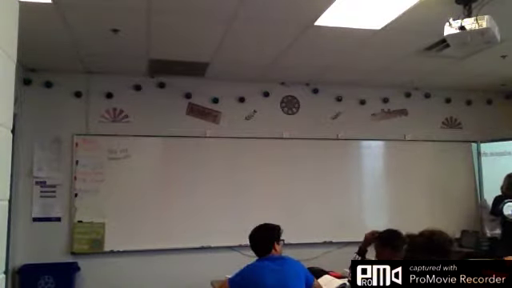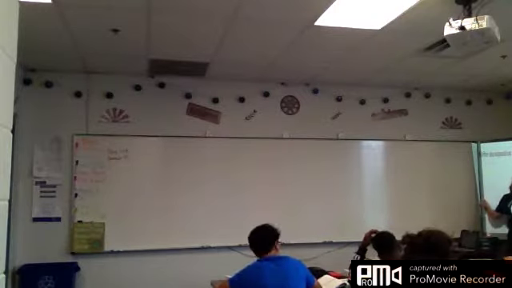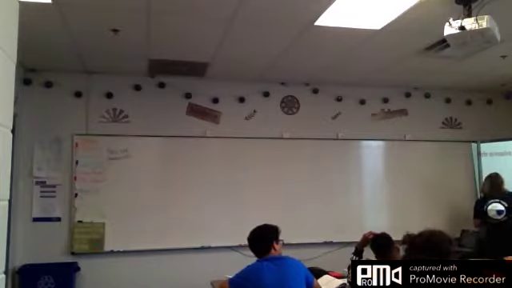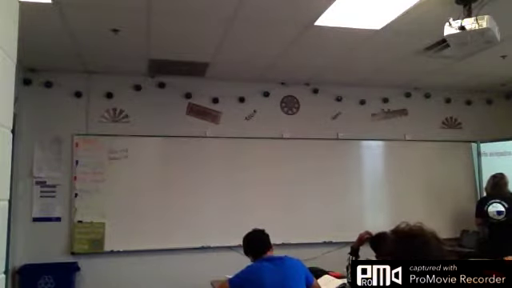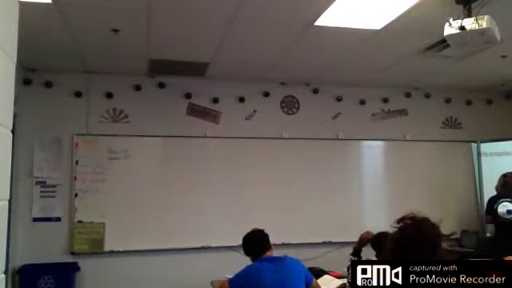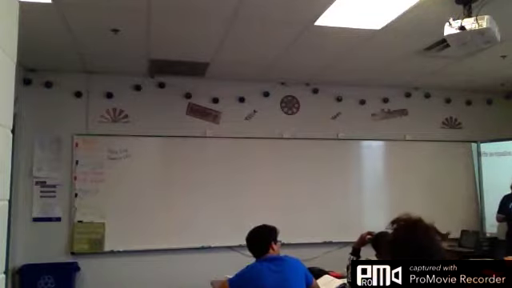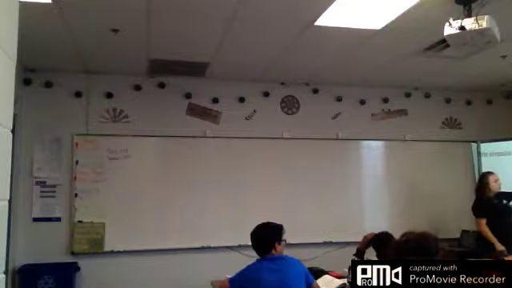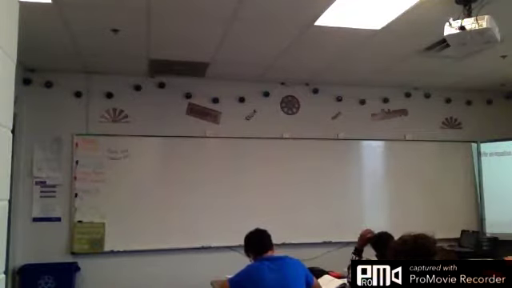Okay? Point-slope formula, what does that look like? y minus y sub 1 equals m times x minus x sub 1. Now, here's the trick to this. My m is my what? Slope. So my slope is -3.